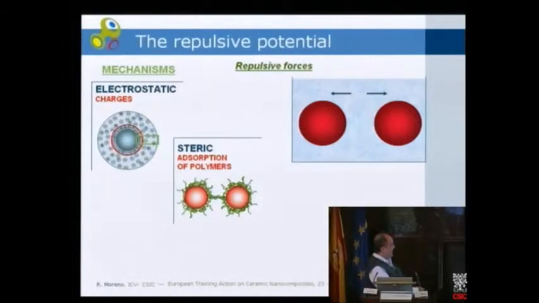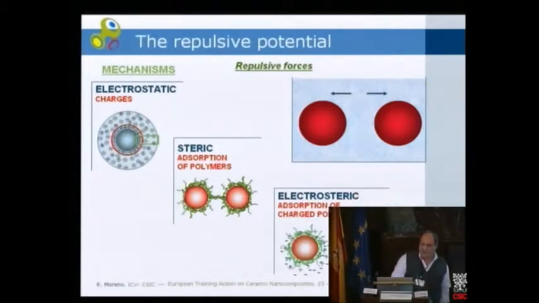Another possibility is the steric mechanism, which is due to the adsorption of polymers that cover the particle surface, impeding the surfaces from touching each other. And finally, the electrosteric mechanism, in which the polymers are charged.